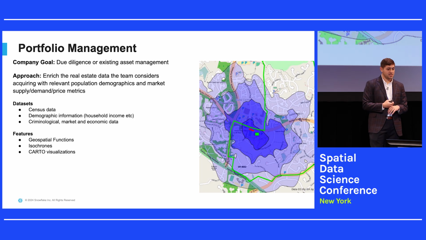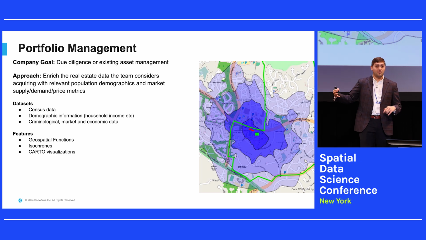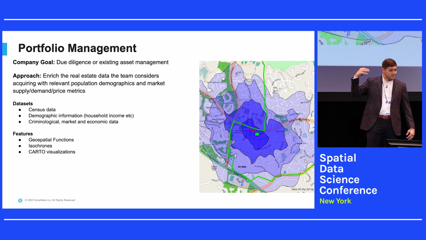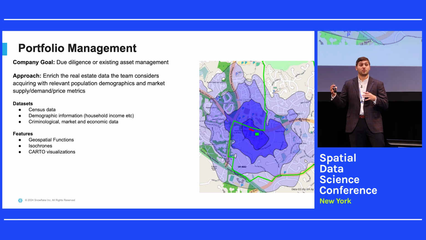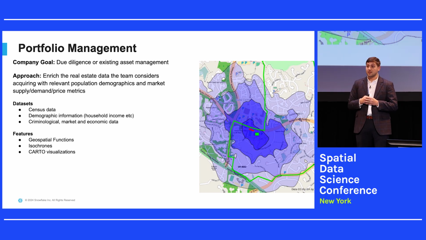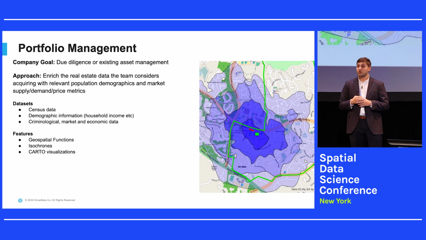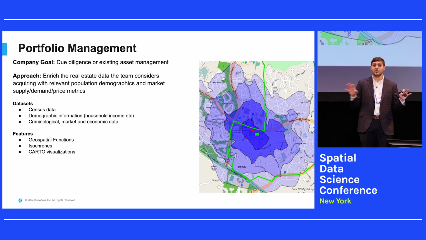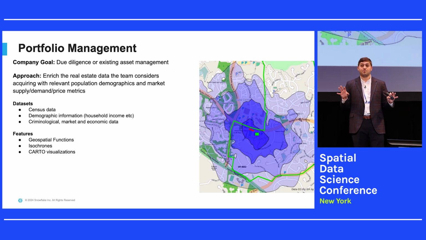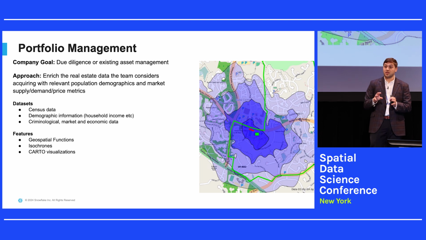So that's things like census data, demographic data, criminological data as well, to be able to do all this and bring it together, analyze your portfolio, understand where you have gaps in your portfolio, understand where there's risks in an investment based on shifts, and being able to visualize that in a map-like capacity and hone in on specific things is really important.